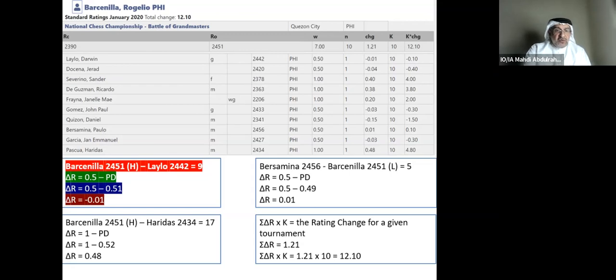His rating is 2451, Haridas 2434. So Haridas is less than Barcelona, and the rating difference was 17. So 17. We use 1 because he won. We won minus PD, and PD from the table, we check where the 17 is.